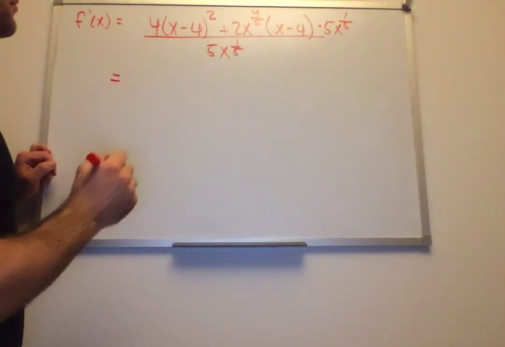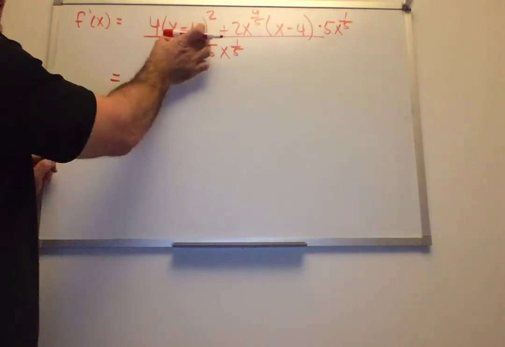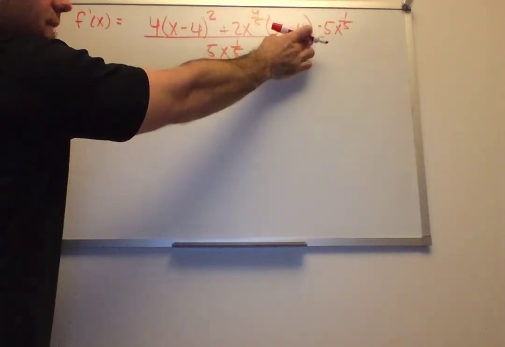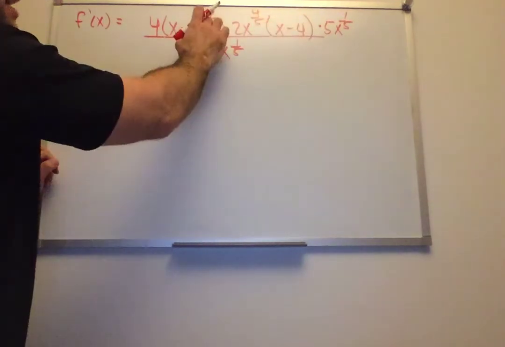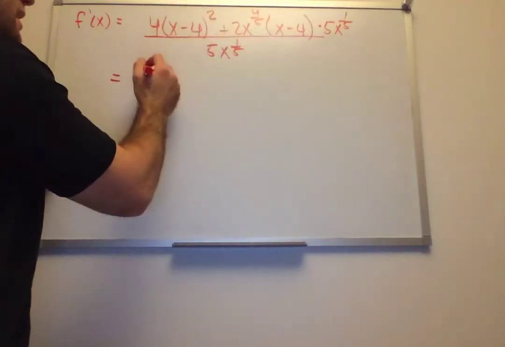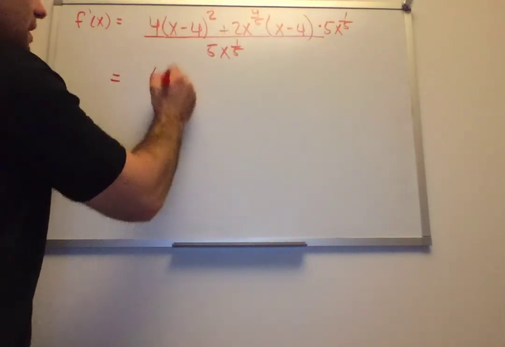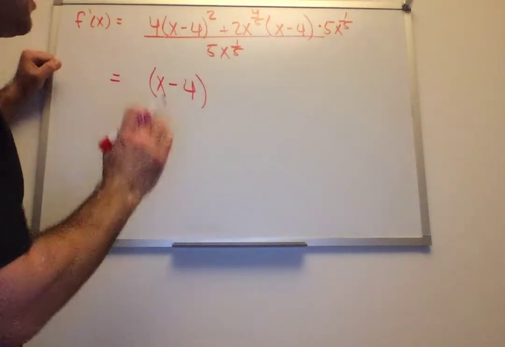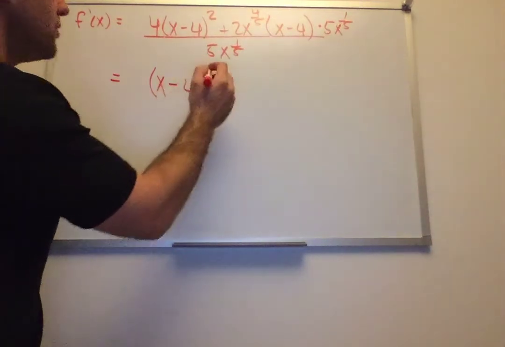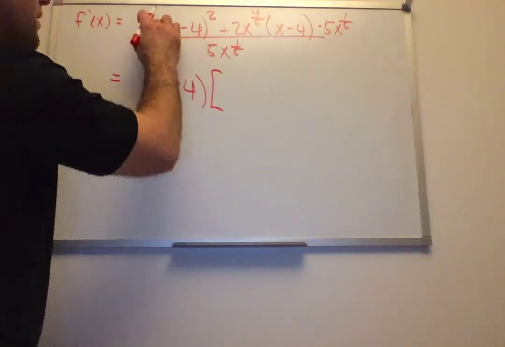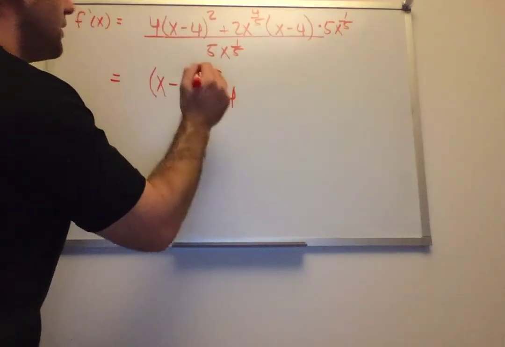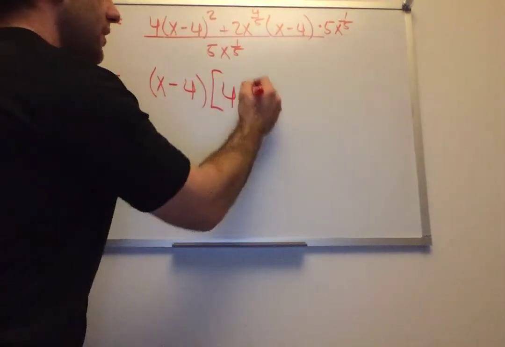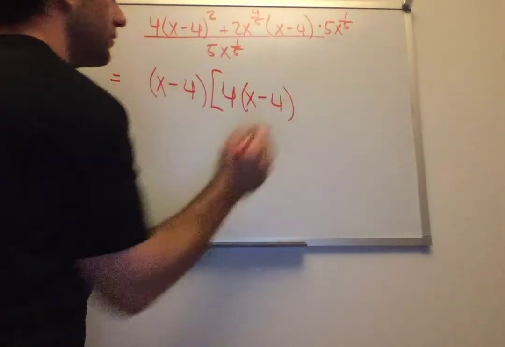Now, look, this has an x minus 4, this has an x minus 4. I'm going to factor an x minus 4 out. It has an (x minus 4) squared. So, taking it out, x minus 4. So, let's see what we have left over. We've got a 4 times, this was a squared, so I took one out. So, it's going to be an x minus 4.